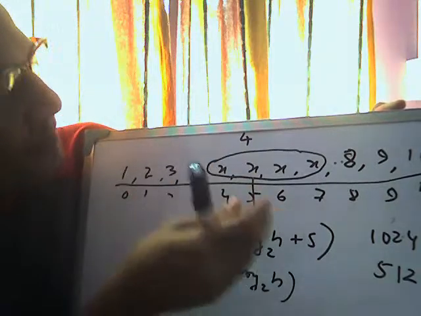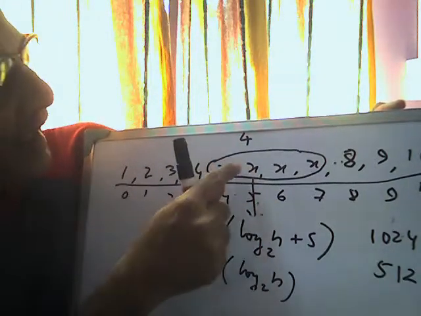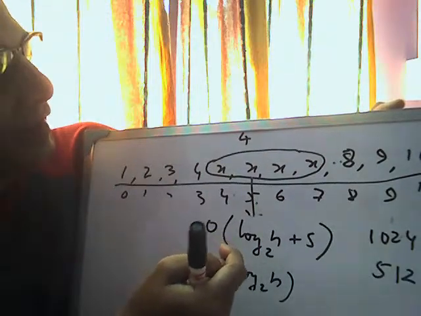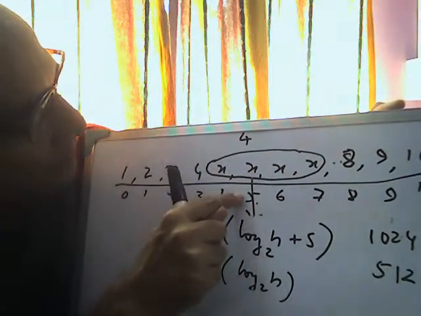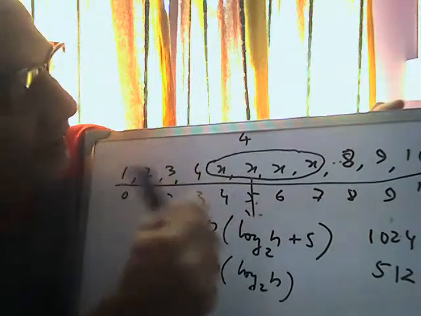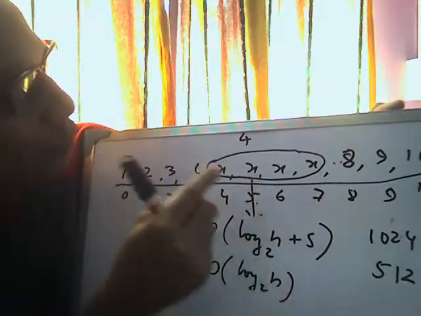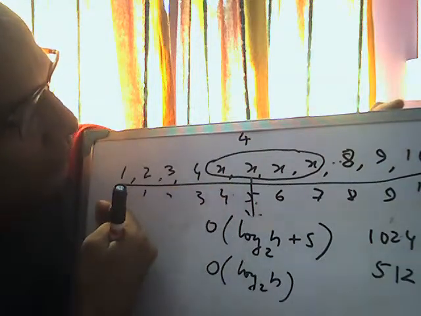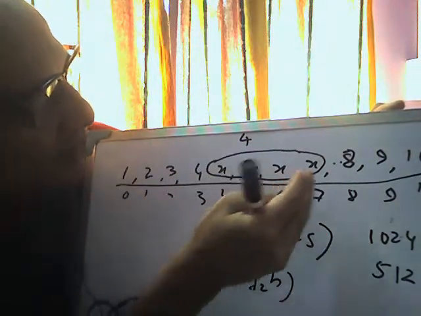After certain steps, definitely you can find that x. As it is a sorted array, all the x's will be consecutive, definitely. So this is the first position of x found after doing the binary search. This will take order of log n time. After finding position 5, you do the linear search from 4 to the leftwards and from 6 to the rightwards.